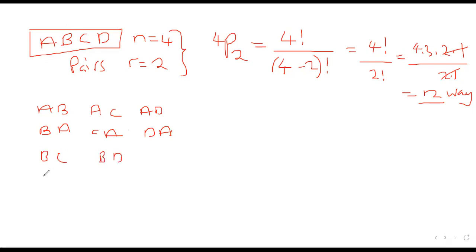And I swap them here. This is CB, and this is DB. Now I start with a C: CD and DC. We have 1, 2, 3, 4, 5, 6, 7, 8, 9, 10, 11, 12. So these are the different ways in which I can rearrange these letters, 12 ways.